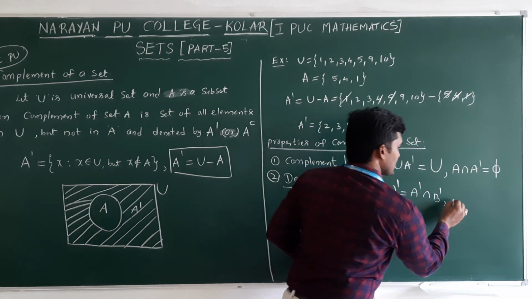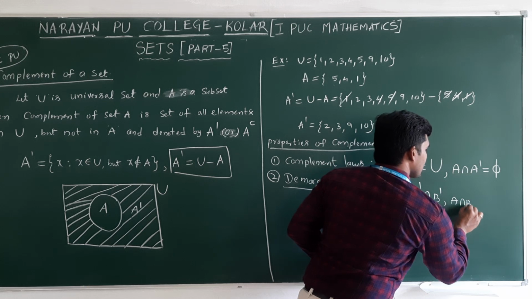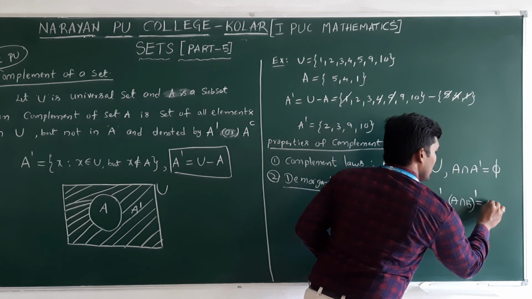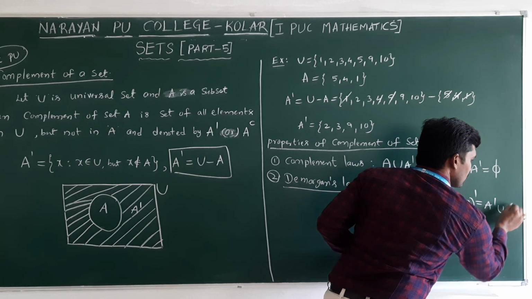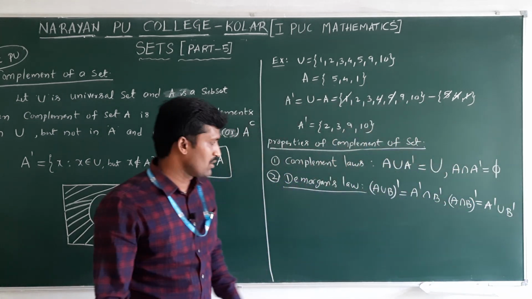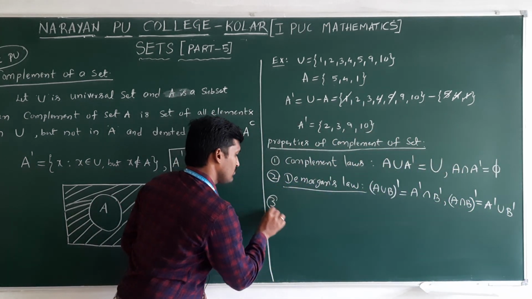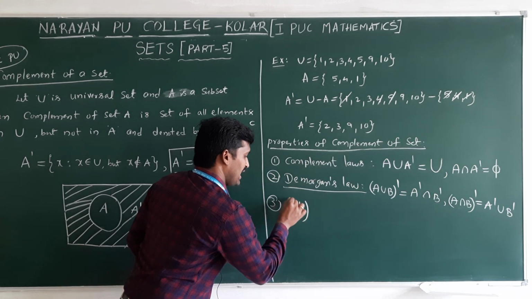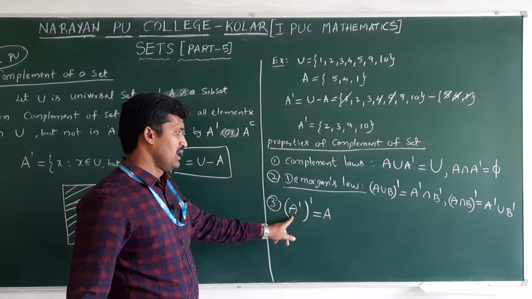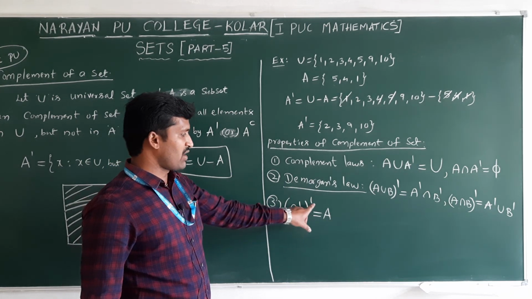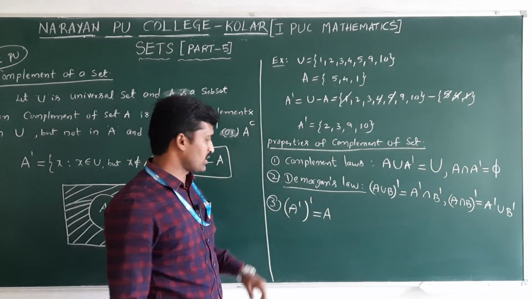Next, one more formula: (A intersection B) whole dash equal to A dash union B dash. Now the complement of an intersection becomes a union. Another one: (A dash) whole dash equal to A. This is double complementation. The complement of the complement will give the original set A.